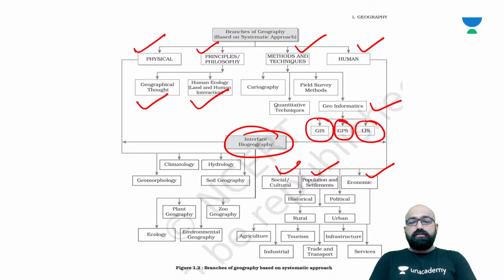Again, in economic, there are agriculture, tourism, infrastructure, industrial, trade and transport, and services included. So these are the branches of geography which is based on the systematic approach.